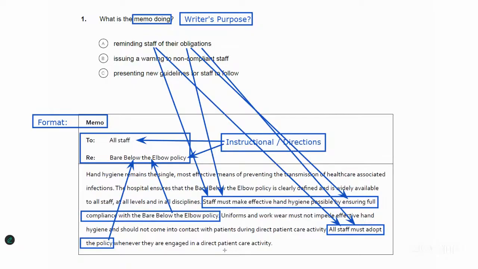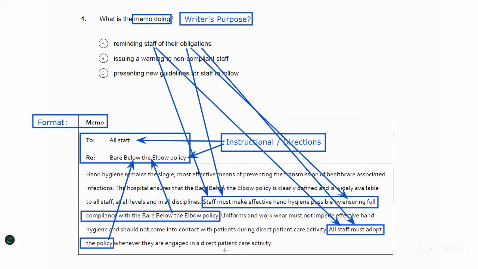These policies, this information, are already present. They are not new. They are already available. The hospital ensures that they are clearly defined and widely available to all staff already. They are already existing.